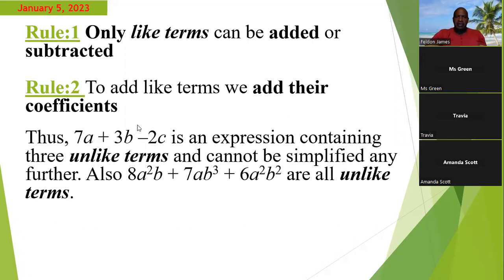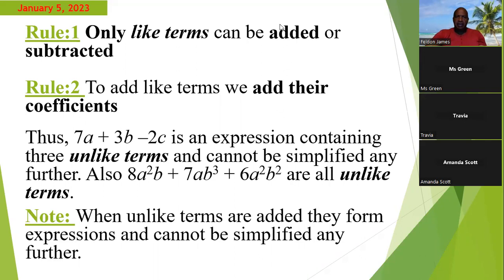So as I was saying, when we look at this expression here, what you notice is that each term within the expression has a different variable or a different unknown.